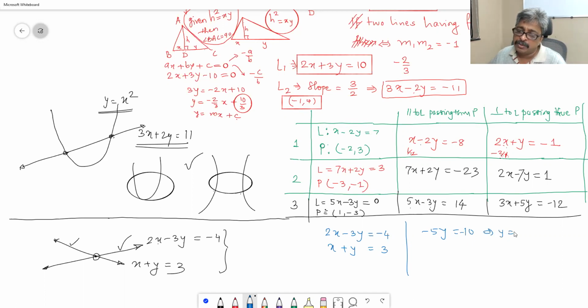Therefore y is equal to 2. And multiply the second equation by 3 and add. That makes it 5x, and 9 minus 4 is 5. So x is equal to 1. There are many methods of getting the point of intersection.